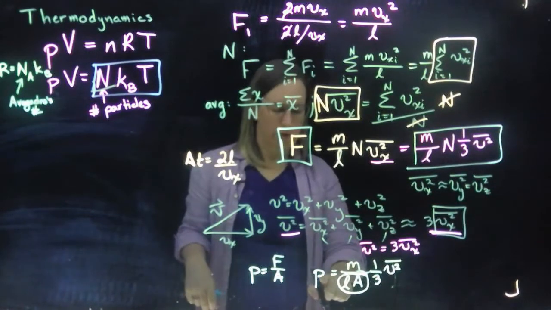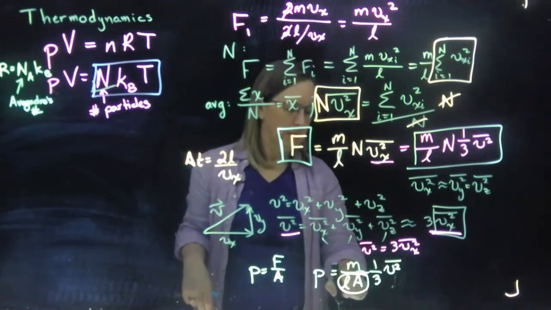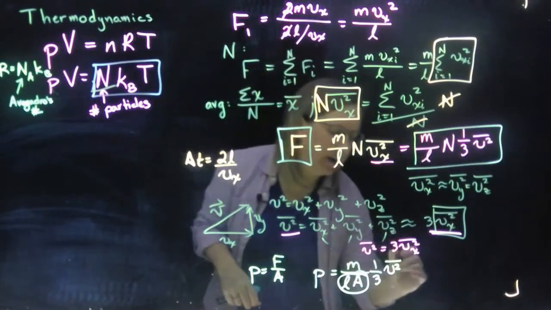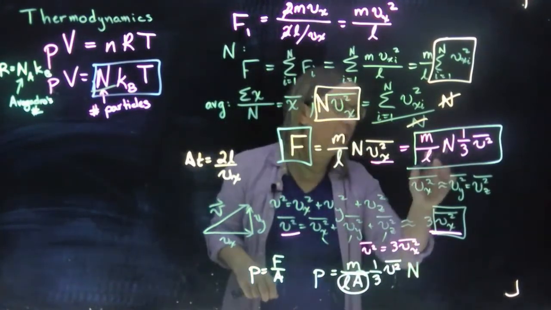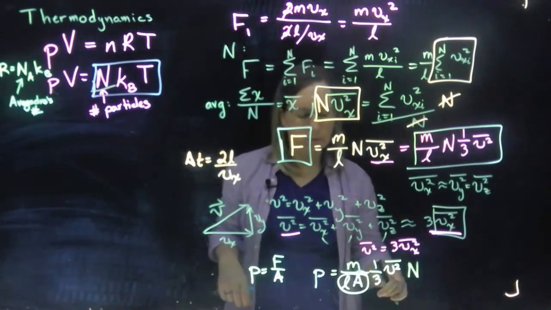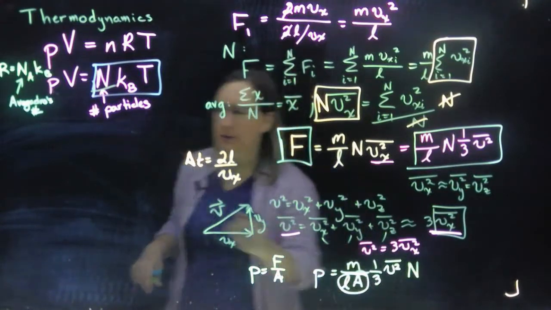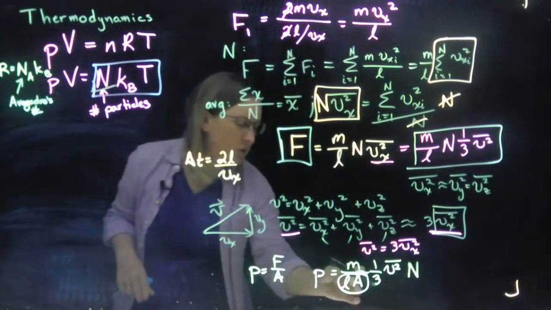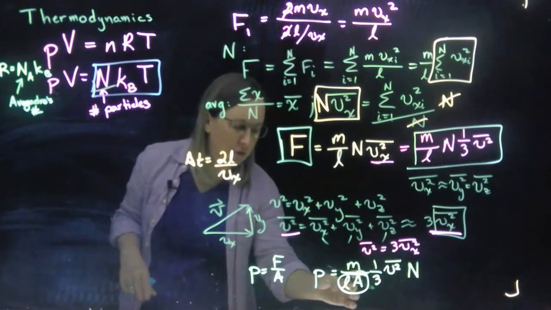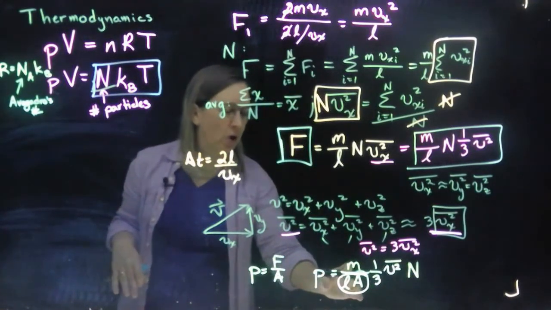Okay, so we've got pressure is force over area, pressure is mass, L over area, and then I've got to have an N. I can't just drop that out, number of particles. That's important for the pressure. But I'm going to use this to say, if I take this, which we can recognize as our volume, length times the cross-sectional area is our volume.